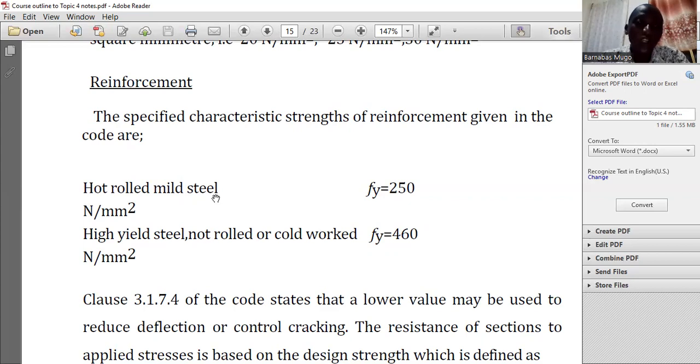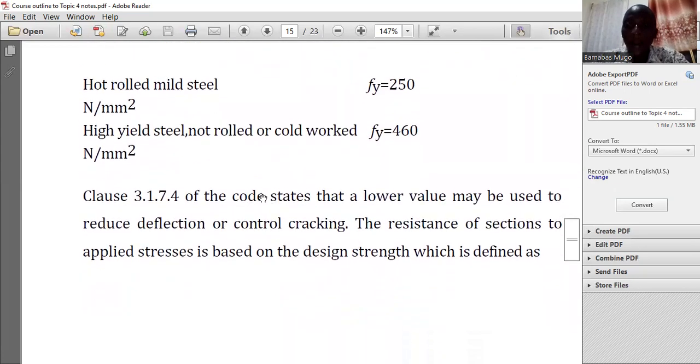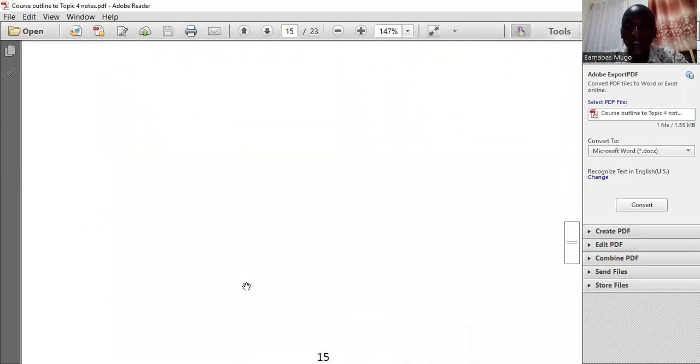For example, hot rolled mild steel has Fy, the characteristic strength of the reinforcement, of 250 Newton per millimeter squared, while the high yield strength steel, which is cold worked, has Fy of 460 Newton per millimeter squared.